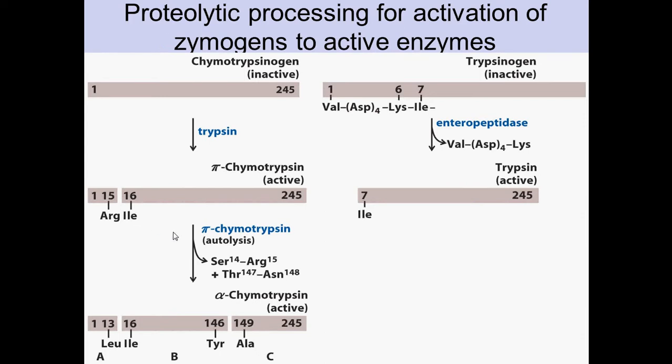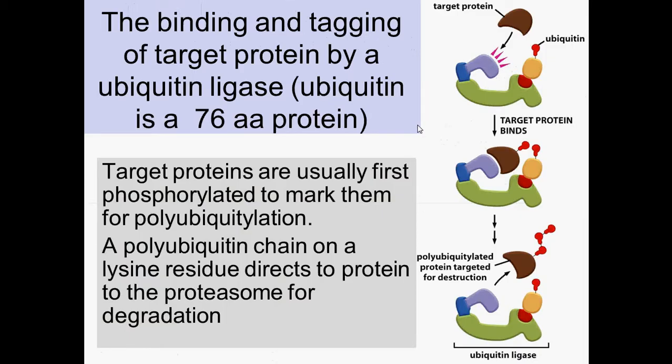And then there's another cleavage by chymotrypsin, and then it's still active. And over here we have trypsinogen being activated by enteropeptidase. While it's in the cell, it's a zymogen form, or inactive enzyme. Once it's in the gut, it's going to be the active form.